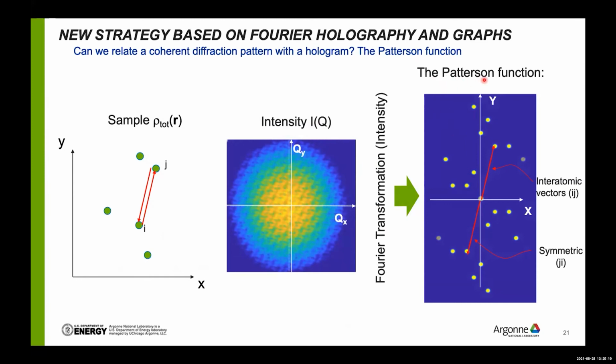So we obtain what we call the Patterson function, which consists of a central spot and a series of peaks. And the different peaks are connected to the central spot through vectors, which correspond to interatomic vectors in the structure.